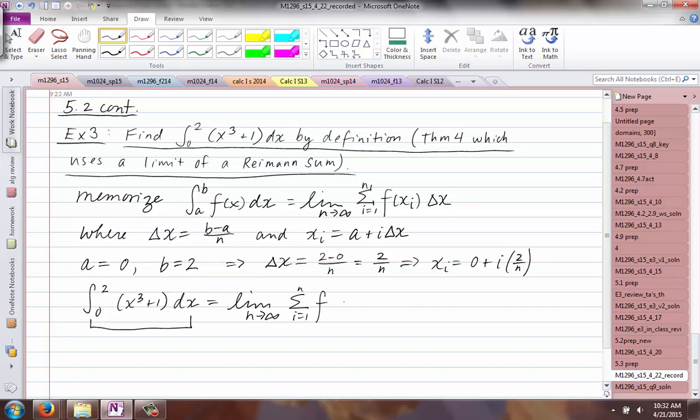f of x sub i means that we're plugging in 2i over n for x, so we'll do that in the next step. Delta x is equal to 2 over n. And be careful here, that's times the function evaluated 2i over n overall. So let's go ahead and plug in now that function.